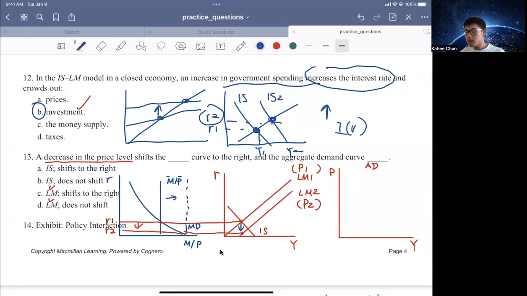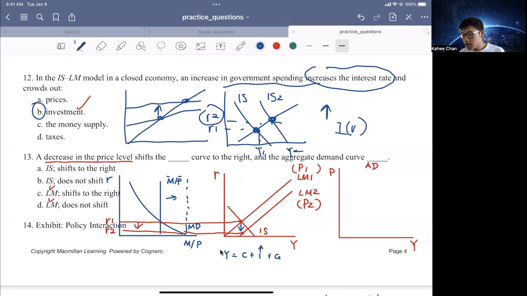However, when the interest rate is going down, it also affects the IS curve, because when interest rate is going down, the investment is going up, right? So what does it affect?